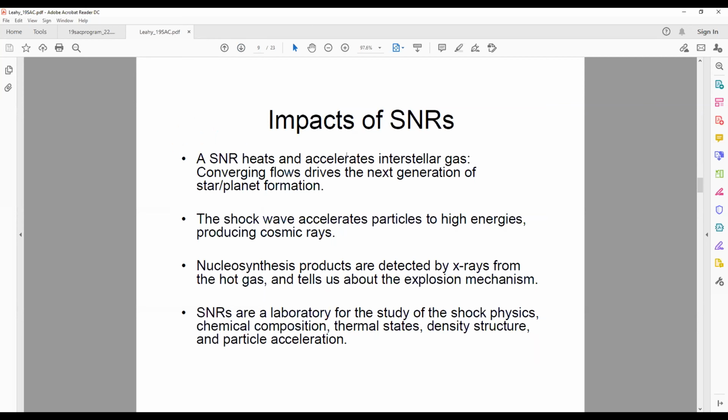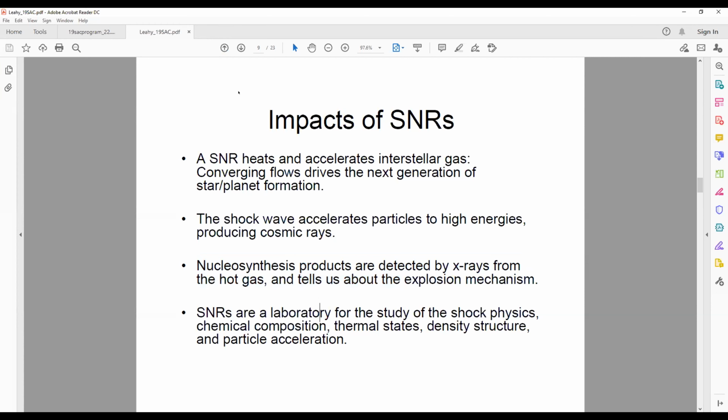Supernovae, we're interested in them because they have big effects on the interstellar medium of galaxies. They produce particle acceleration at the shock front, and we observe the remnants as cosmic rays at the Earth. Supernovae are also not producing nucleosynthesis products, they're distributing them throughout the ISM.